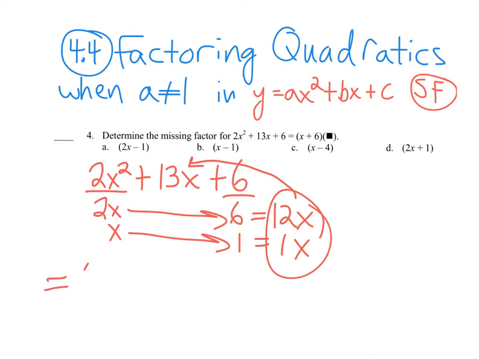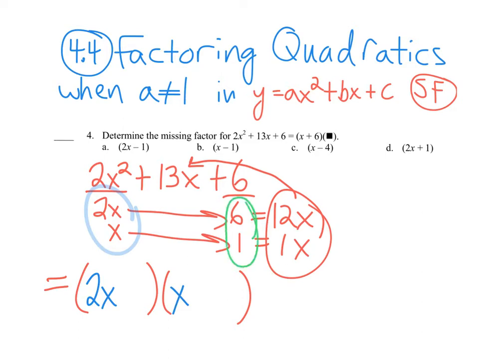We'll put our equal symbol, we'll open up two brackets, and the first list of factors, 2x and x, gets written first inside our brackets. And the second list of factors, 6 and 1, gets written second. However, we need to be very careful because we want the 2x to multiply with 6 to equal 12x.